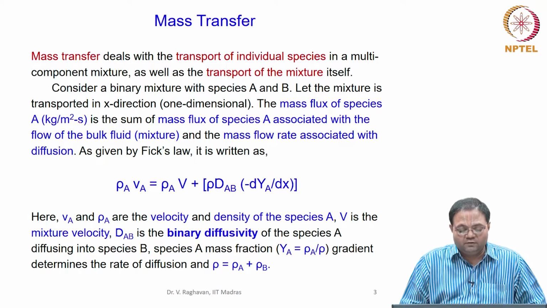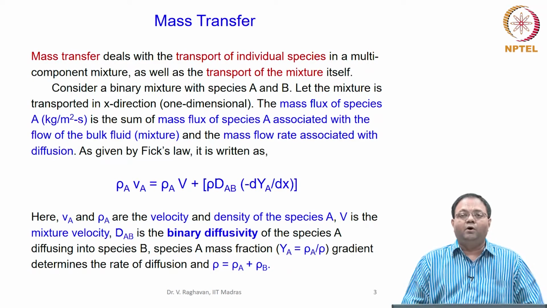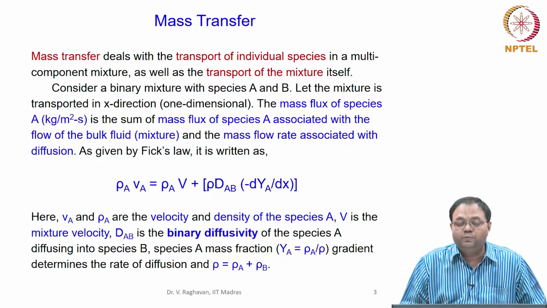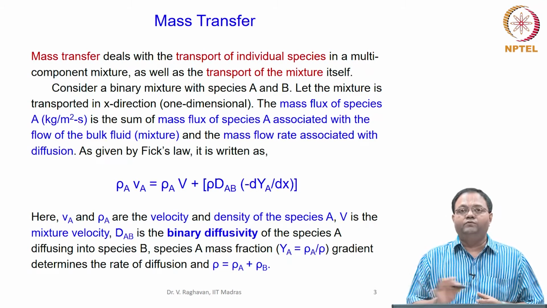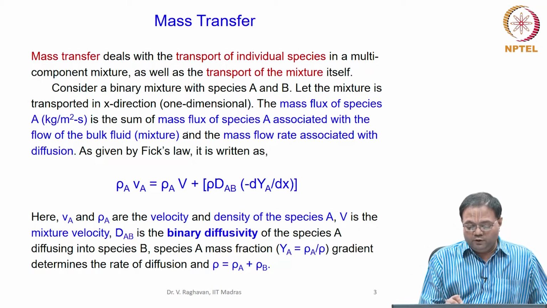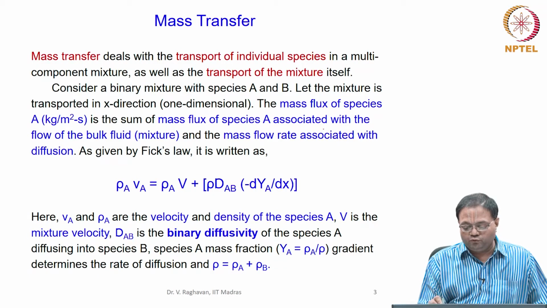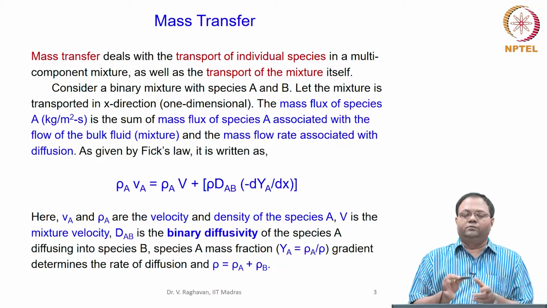The mass flux of species A is written as the sum of two parts. The first is the mass flux of species A associated with the flow of the bulk fluid or the mixture.